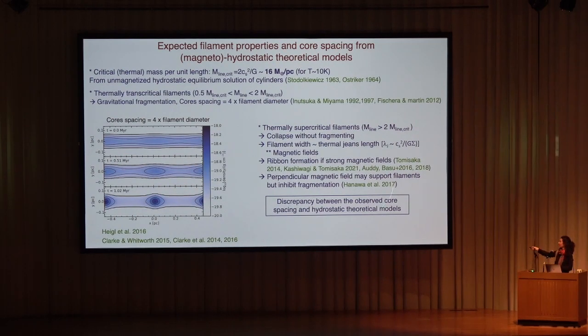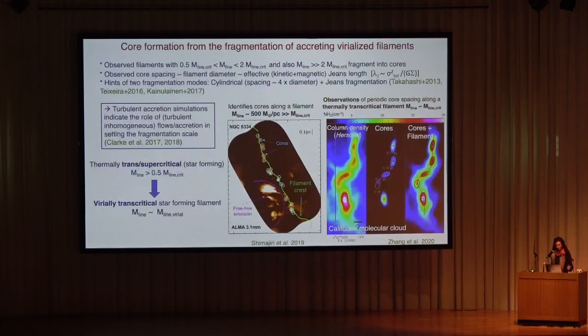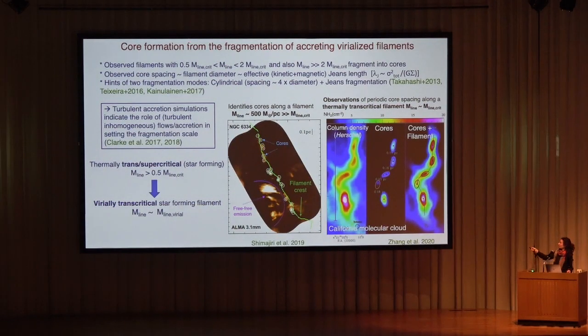If magnetic fields are included, these properties change a little bit, but overall, as I will show in the next slide, there is a discrepancy between what these theoretical models of isolated filaments suggest and the observations. Observations show that filaments with line mass of the order of the critical value indeed fragment and form stars, but also filaments with line mass much larger than this critical value, which also fragment to form stars.